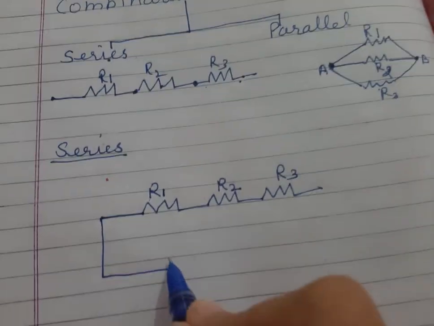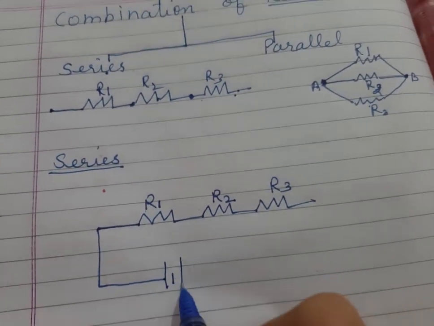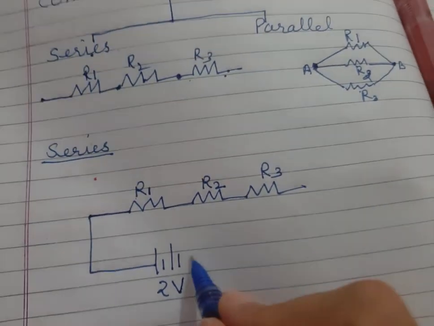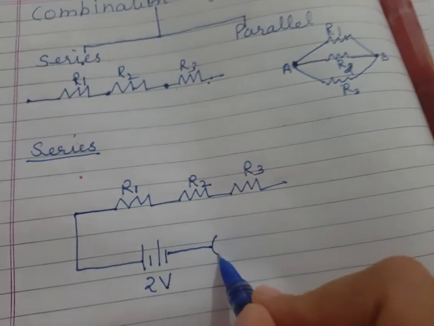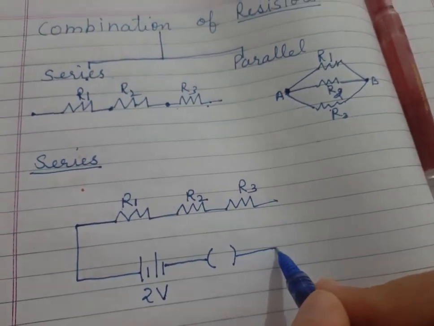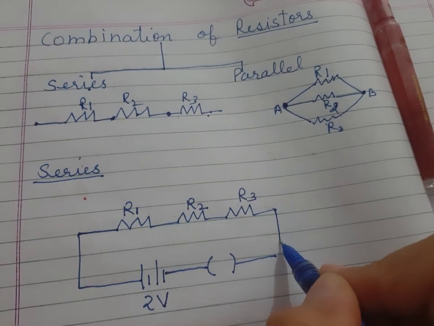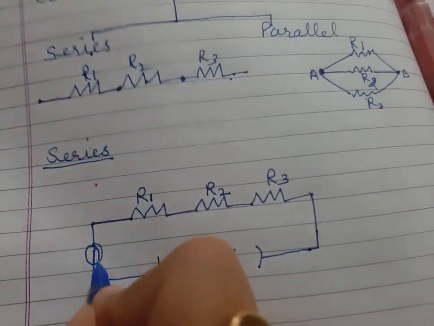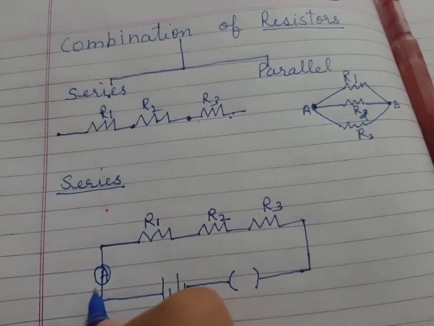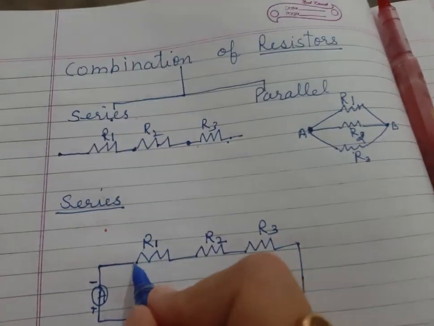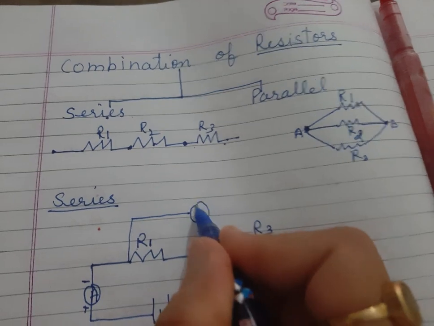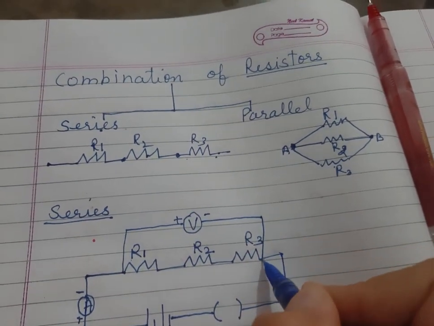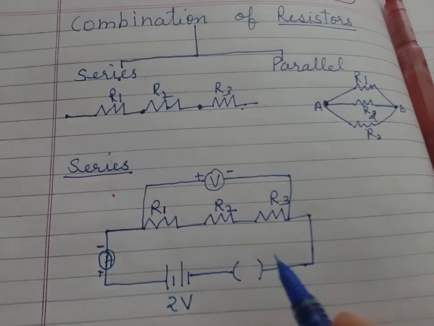They are connected with a battery, suppose of 2 volt potential difference. This is the plug key, and here I am connecting an ammeter to measure the current, and here a voltmeter to measure the potential difference across the ends of the conductors.